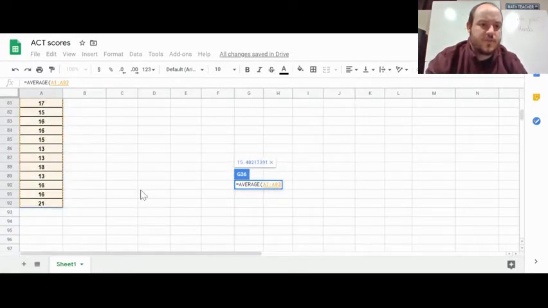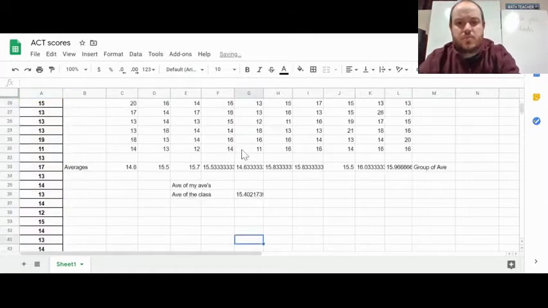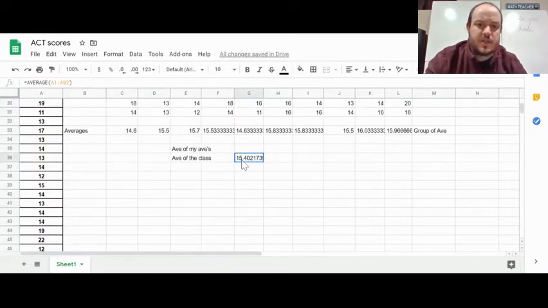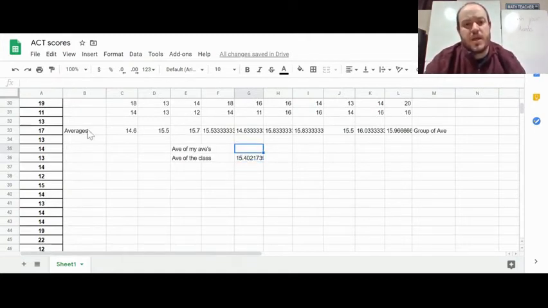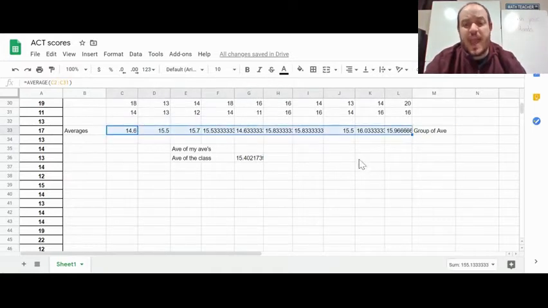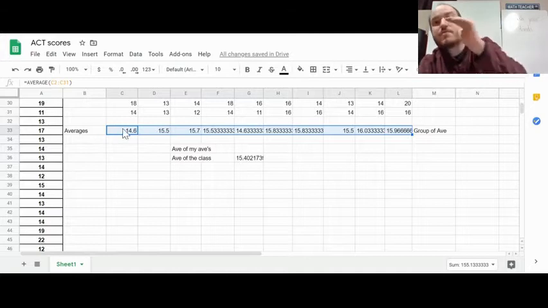Boom. Let's go ahead and see what it is. So the average ACT of the senior class that year was a 15.4. But what if I, as Mr. Caproni, want to find the average of my 10 students' averages? So I'm going to find the average of the averages.